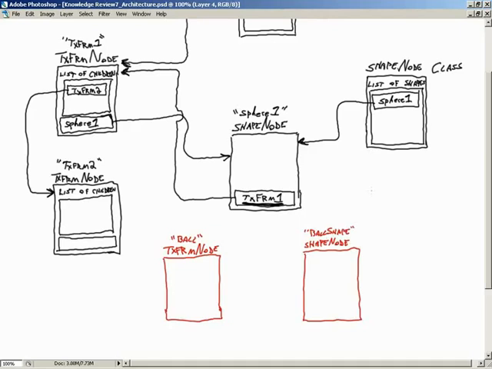So let's see how all this ends up being hooked up. Well, there's going to be a list of children. And there's going to be the shape node field pointing at who we're linked to in regards to a shape node. So who's he going to be linked to? Ball shape.